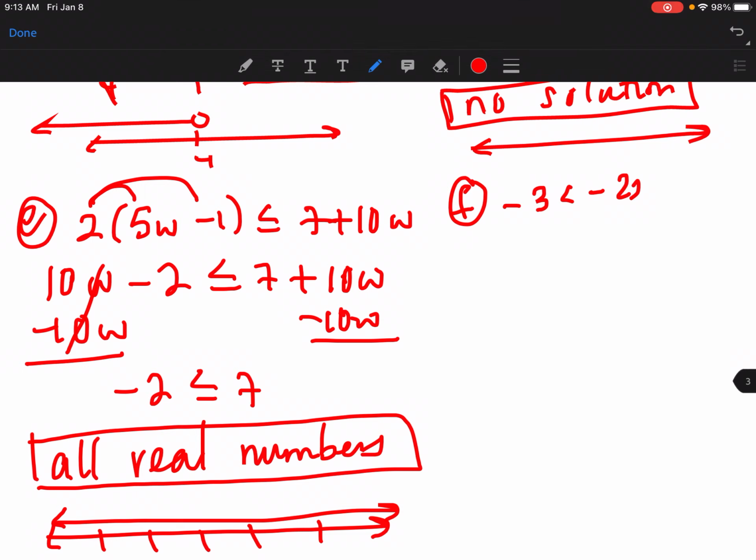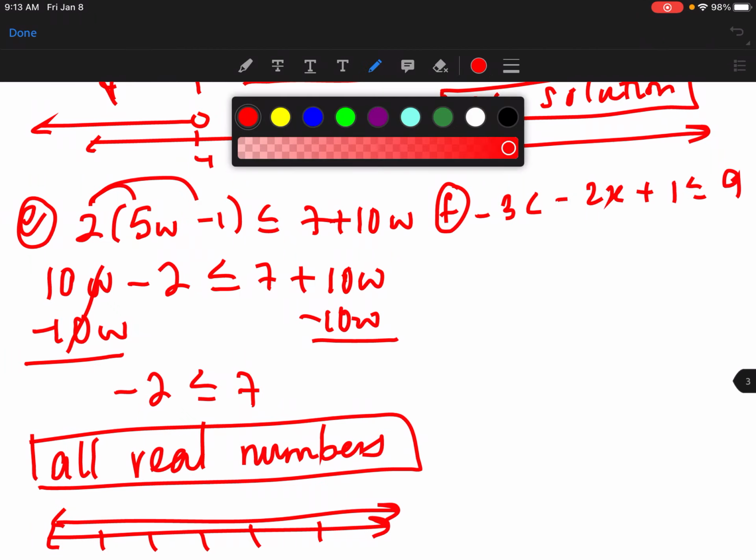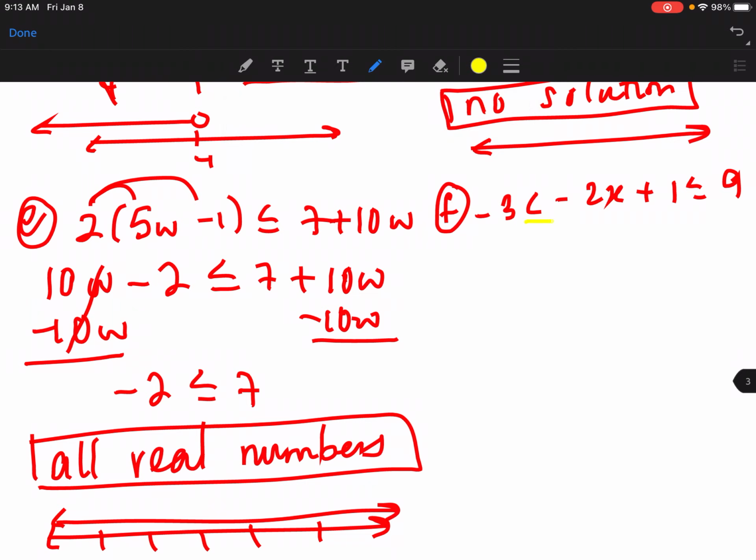Let me rewrite that. Negative 3 is less than negative 2x plus 1 less than or equal to 9. For this one, you can see that we have two inequality signs, the less than here and less than or equal to.